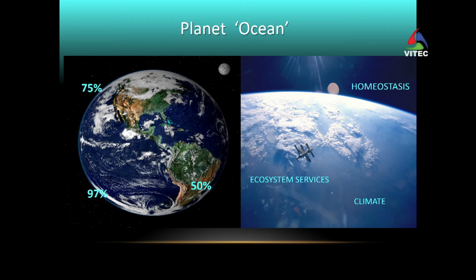The ocean is also responsible for the homeostasis of the planet, for climate variations and changes, because it can act as a buffer for biogeochemical changes in the water, but also with the atmosphere. And it provides a lot of ecosystem services, as we said.